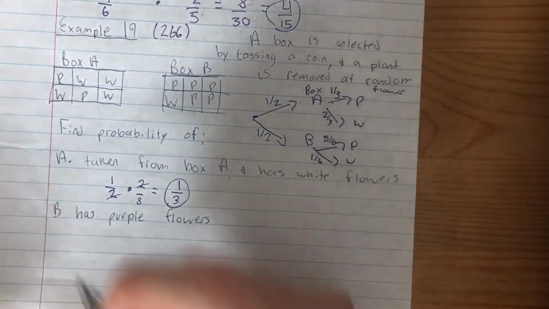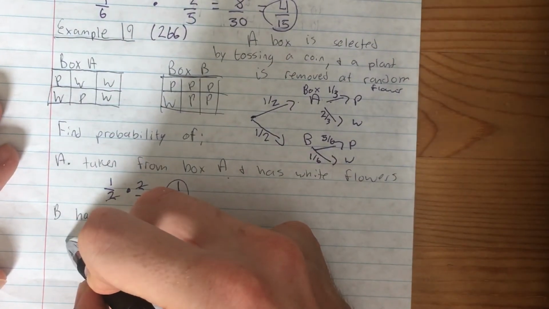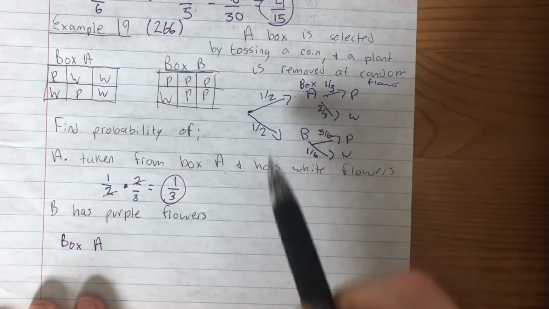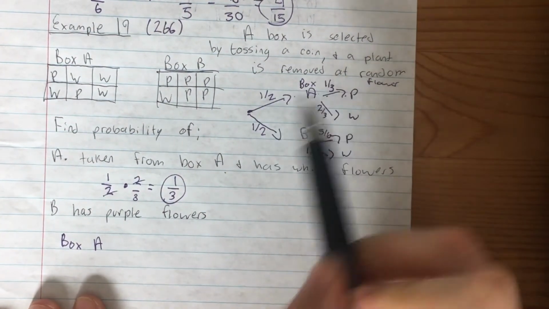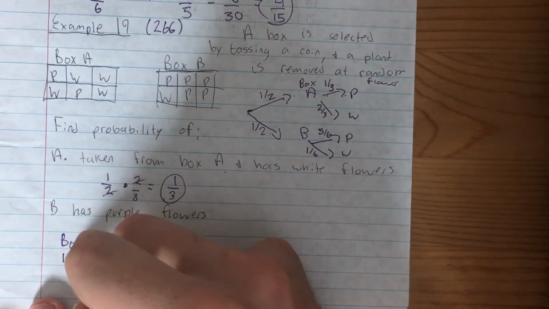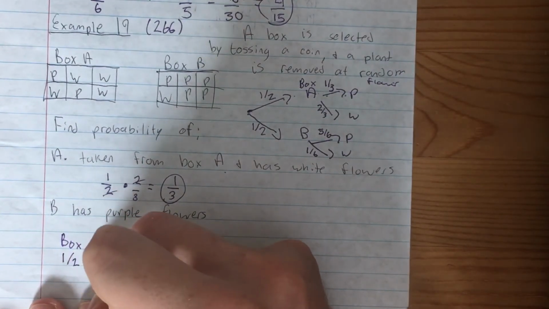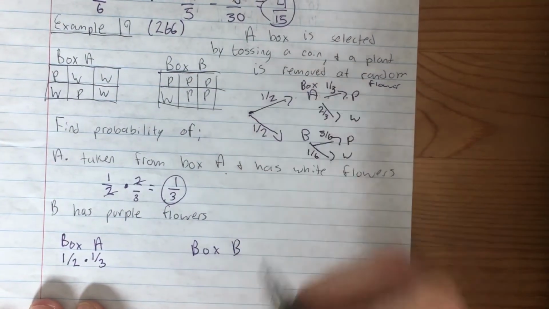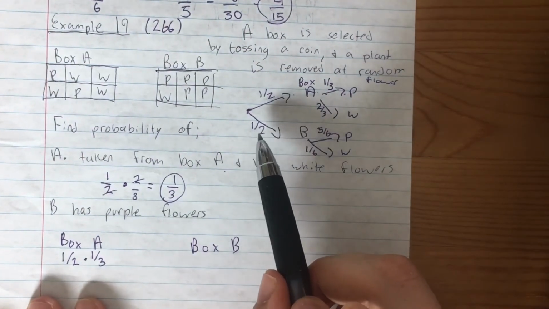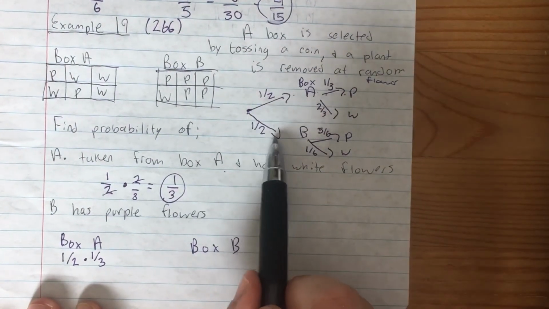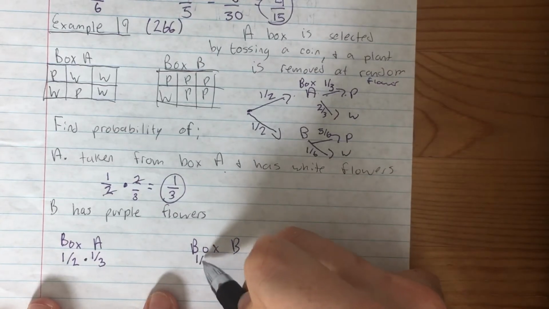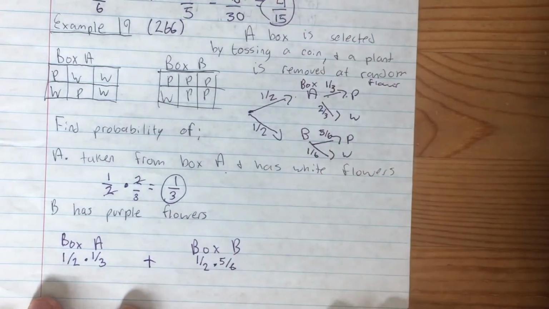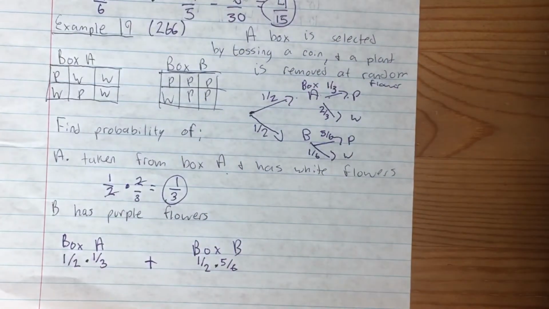For box A, the probability of getting purple flowers is 1/2 times 1/3. For box B, the probability of getting purple flowers is 1/2 times 5/6. We're going to have to add those probabilities together.